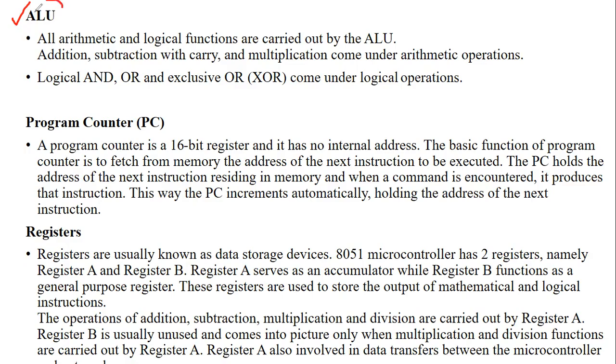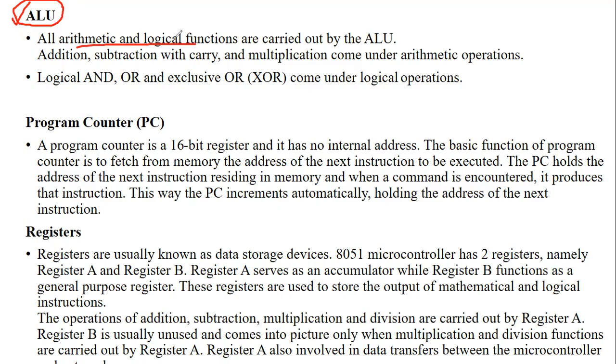How will you define this ALU? ALU is the unit responsible for all arithmetic and logical functions performed by the microprocessor. This is the part where the actual operations are carried out.